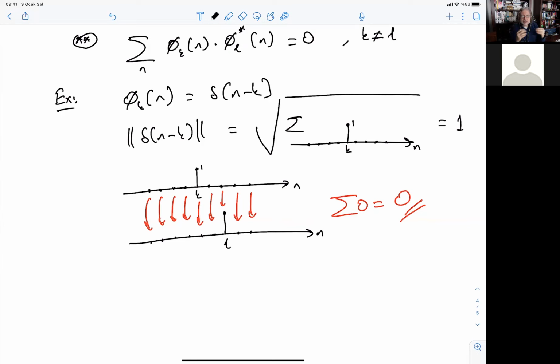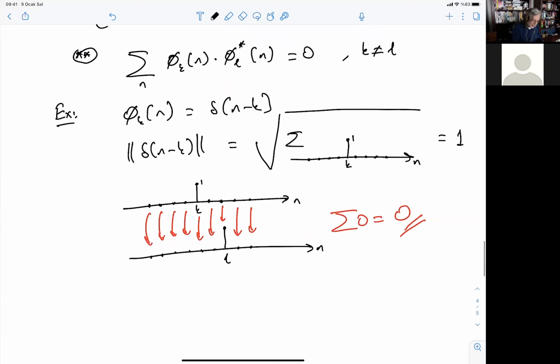In fact, what we do is we define an inner product formula, which is multiplication of the first with the conjugate of the second one, and summation through all of its items, term by term multiplication, and then summation. That is the definition of inner product. And using that inner product, if the inner product gives you 0, we say that these two are orthogonal. Okay, that's the definition that we are going to use.